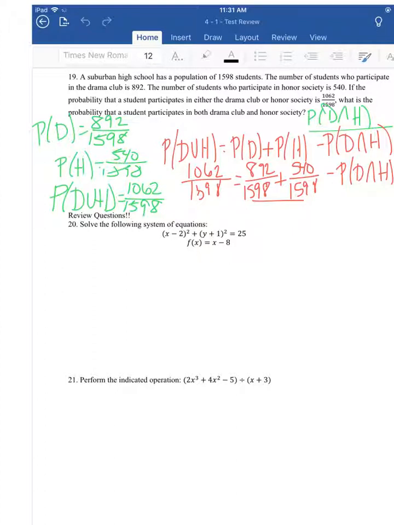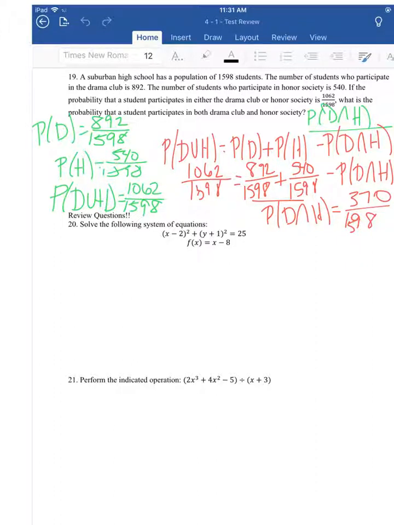So 892... You should end up getting that the probability of them doing both is equal to 370 out of 1598. So 370 are in both Drama Club and Honor Society.